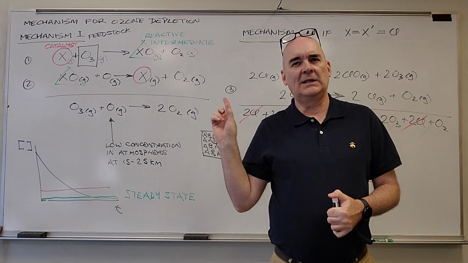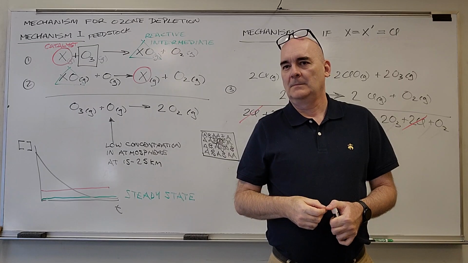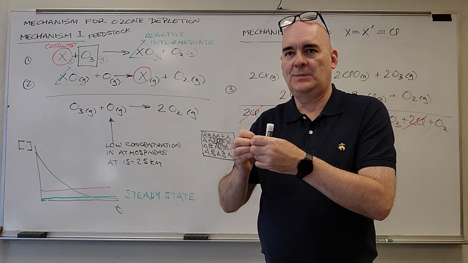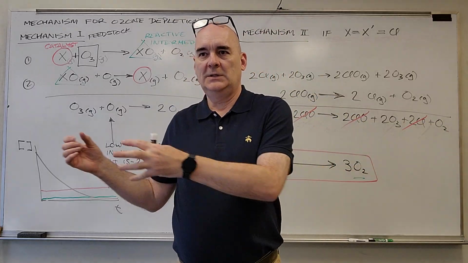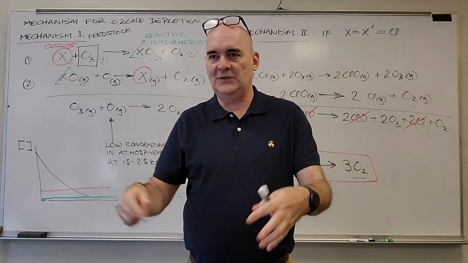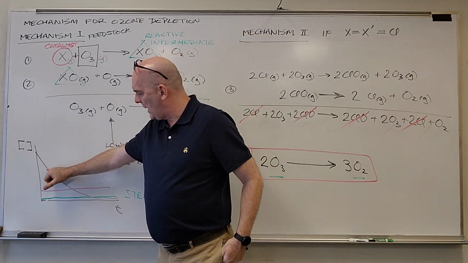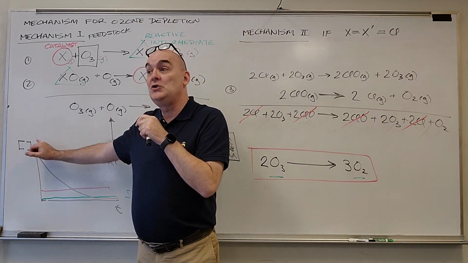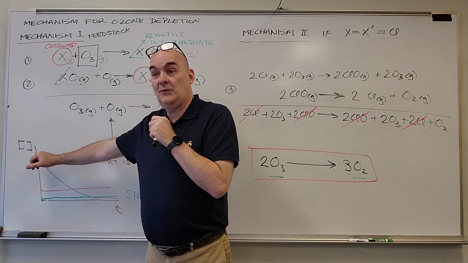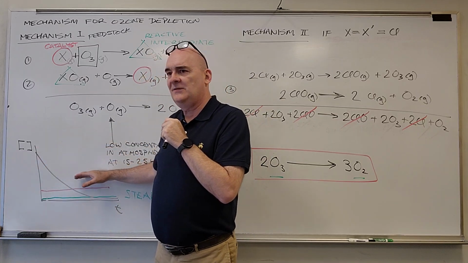This is complicated a little bit by the fact that there's a catalyst in here. The catalyst is taking things, breaking them, and passing them on. And it itself is getting regenerated when that happens. So this line that under normal conditions we would expect to curve and go away to almost zero might actually flatten out.